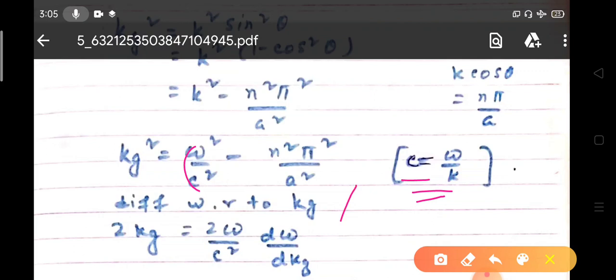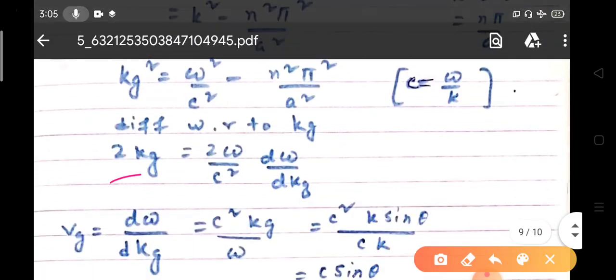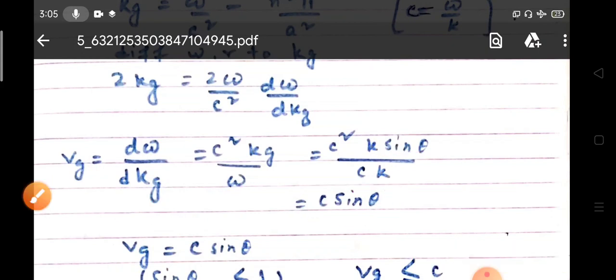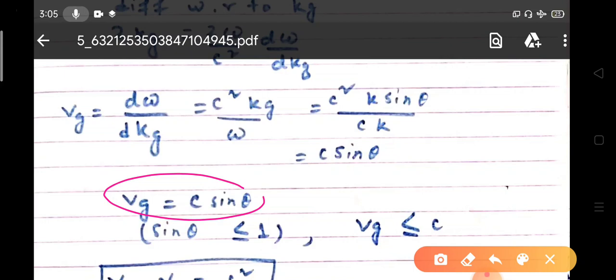Now differentiating with respect to kg, we get 2 kg equals 2 omega by c square into d omega by dkg. So Vg, which is d omega by dkg, is c square into kg divided by omega, or c square into k sine theta divided by ck, since omega equals ck, so we get c sine theta. So Vg equals c into sine theta, that is, group velocity is c sine theta.